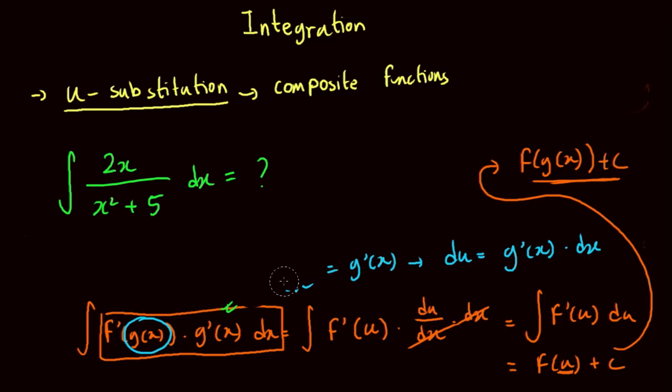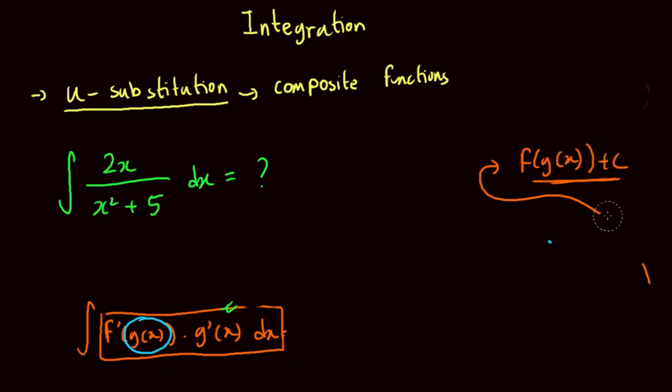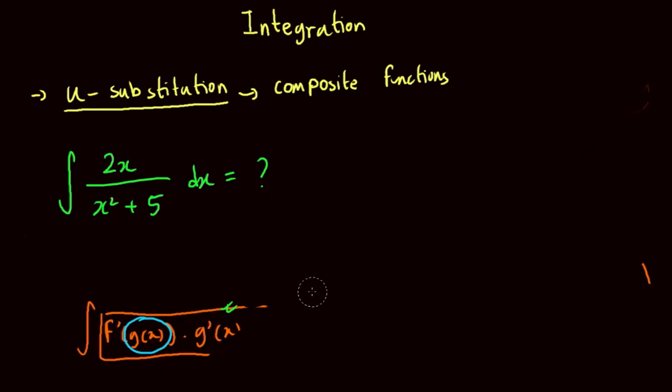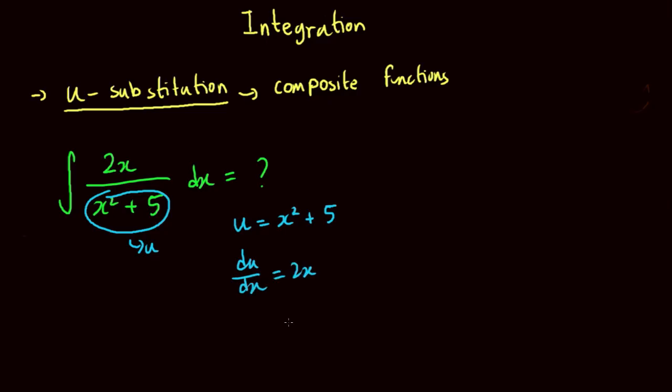And let's actually go and solve the example problem right away. Okay, let me erase this real quick. So first things first, for this function, I will take a u substitution here. I will say this is equivalent to u. So u is equal to x squared plus 5. So my du dx is just 2x.